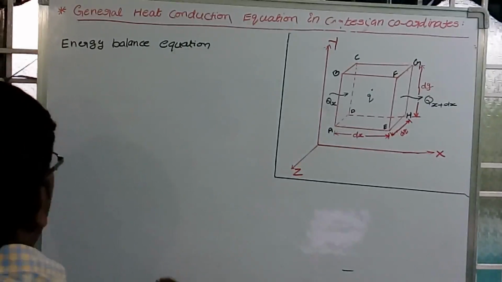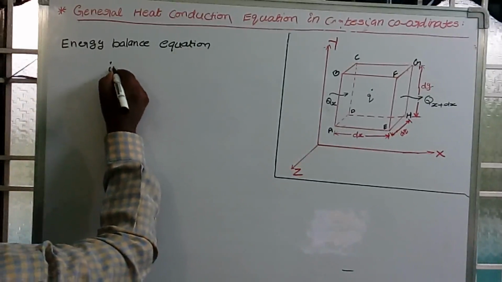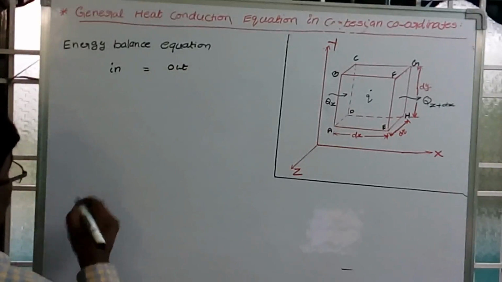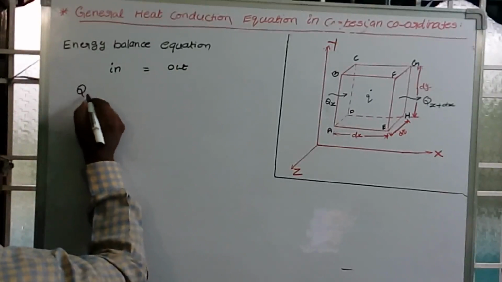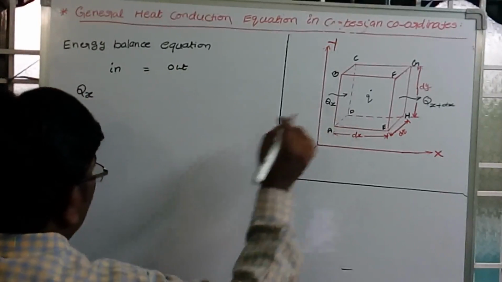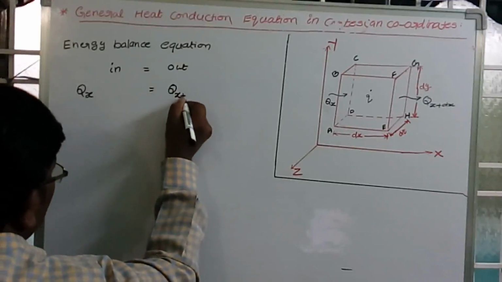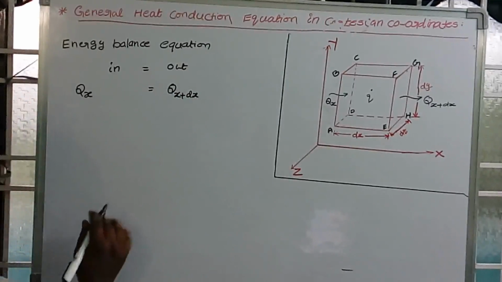So what is the energy balance equation? It is in is equal to out. So what is in? Qx enters the element, and Qx plus dx leaves the element in the x direction.